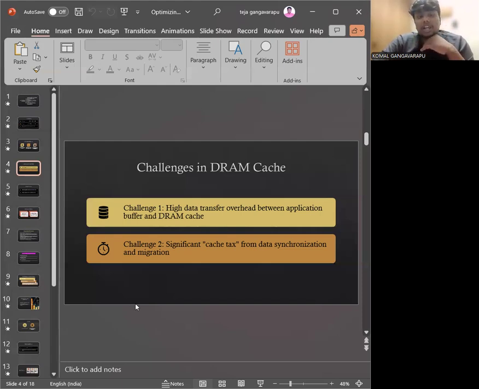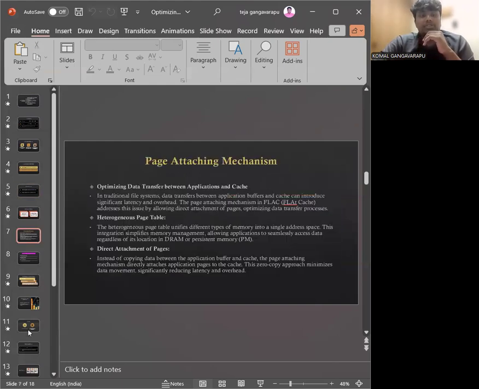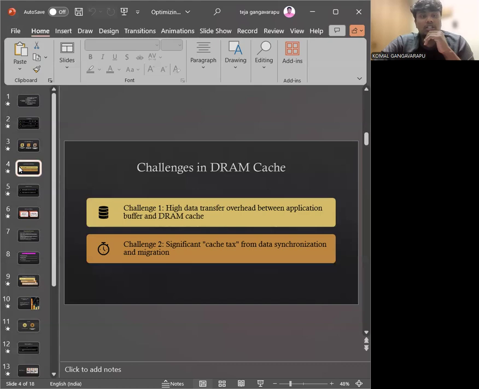And coming to the next challenge, significant cache tax from the data synchronization and migration. Now, the second challenge arises from the need for data synchronization and migration between the DRAM and the PM, persistent memory.